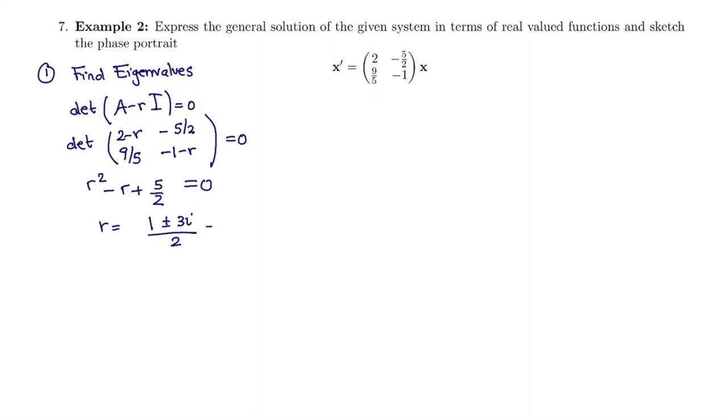And we can automatically see that if we were to pick one of these, let's pick r1, which is 1 plus 3i, since our real part is positive, this will be unstable and spiraling away from the origin.